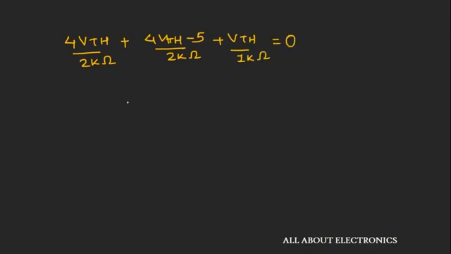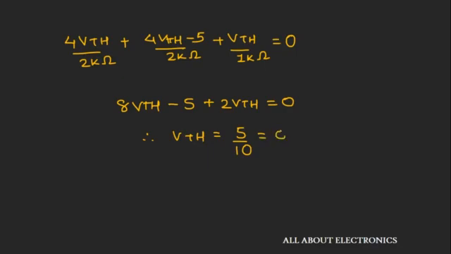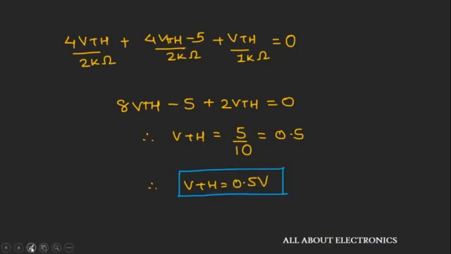Or we can write it as 8 Vth minus 5 plus 2 Vth is equal to 0. That means Vth is equal to 5 divided by 10, hence 0.5. That means Vth is equal to 0.5 volt. So in this way we found the Thevenin's voltage as 0.5 volt.